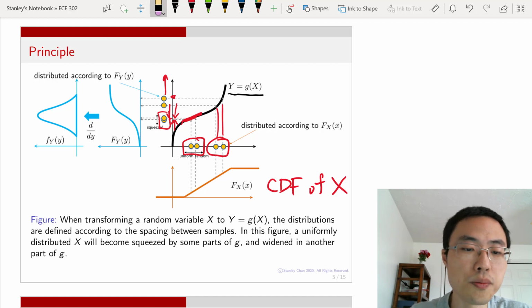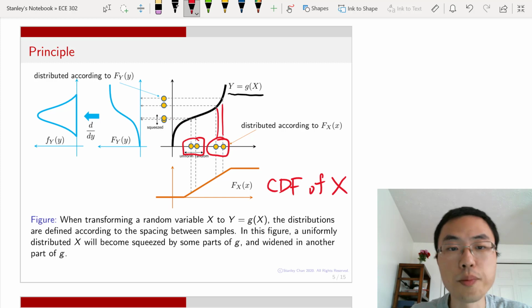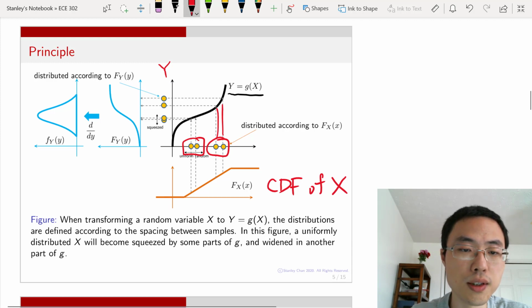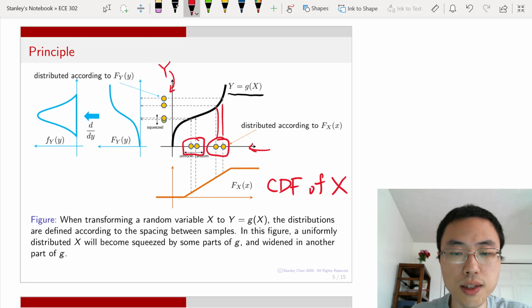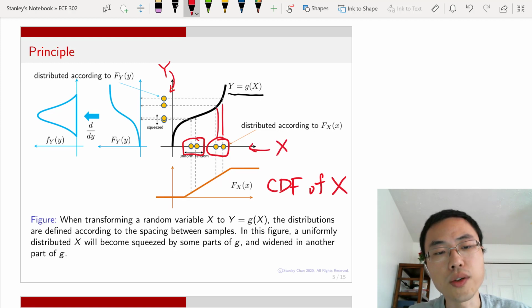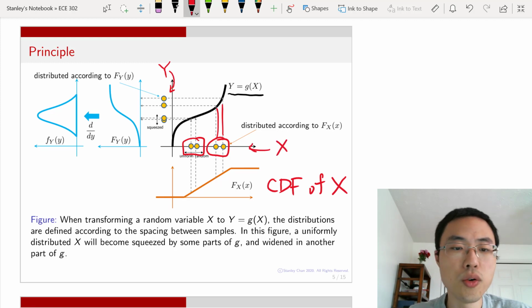All right, now given this set of samples, these are the new transformation, right? So these are the distributions of y. These are the y's, and these are the x. So now you ask, what is the CDF of y? Well, then you need to do this cumulative sum of all these samples.